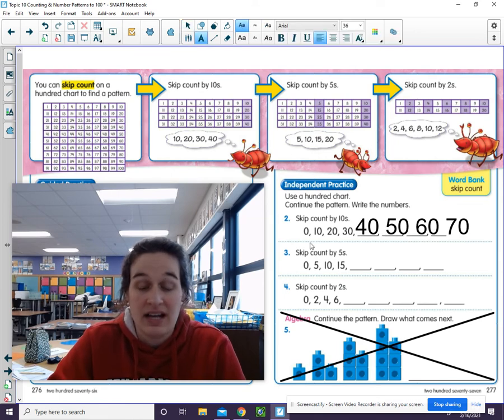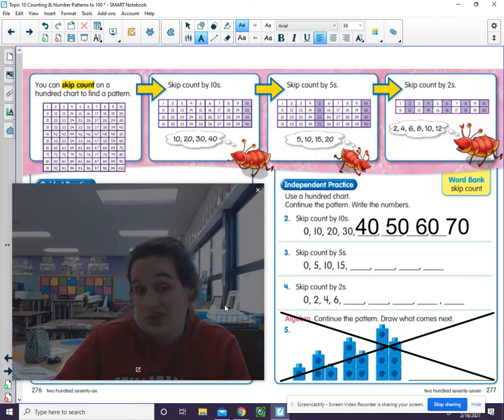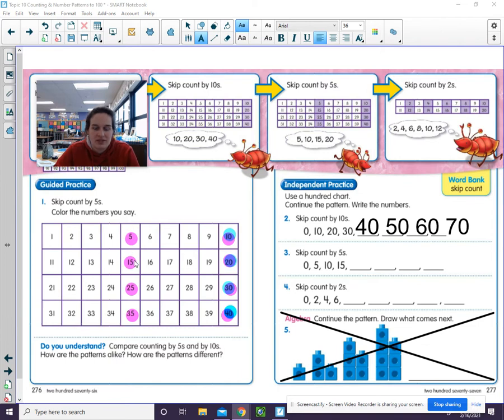Alrighty. Now it wants us to skip count by fives. Ooh. We could use the hundreds chart to help us if we're not sure. So look over here. It starts with 0. We can't even see 0. So it's 5, 10, 15.